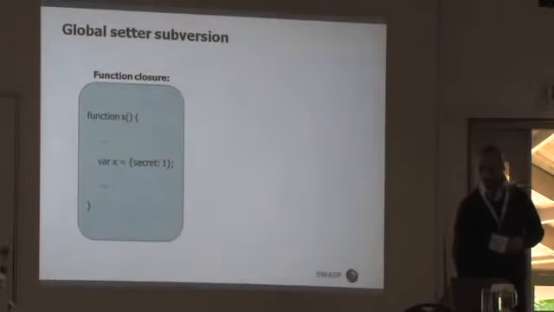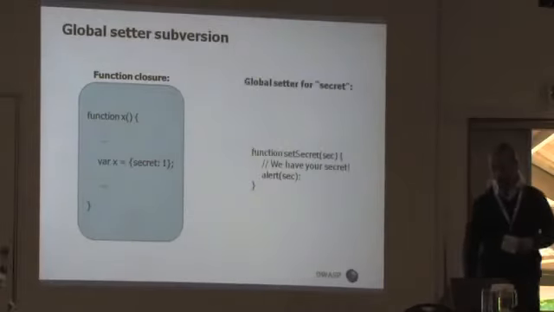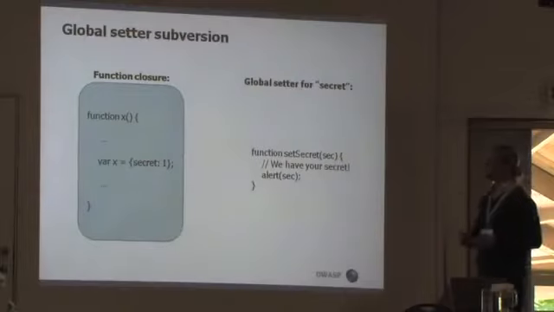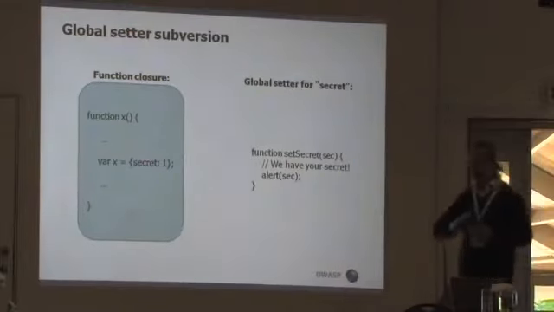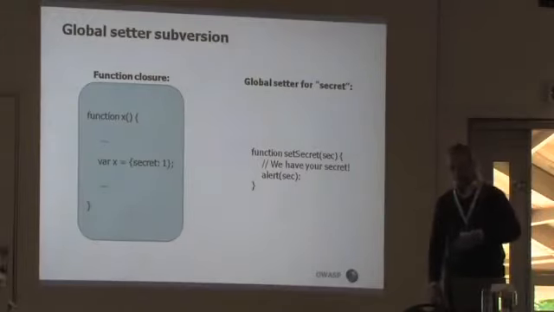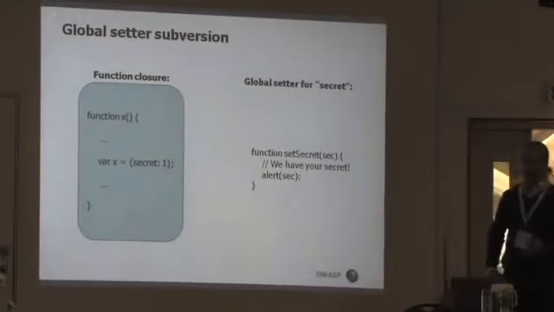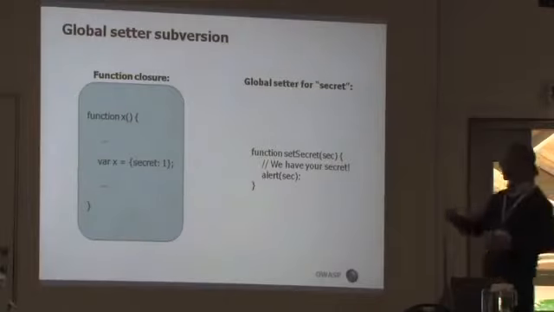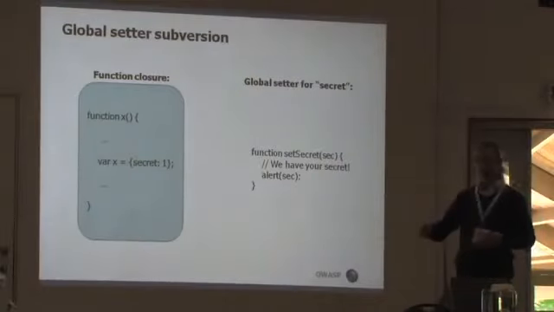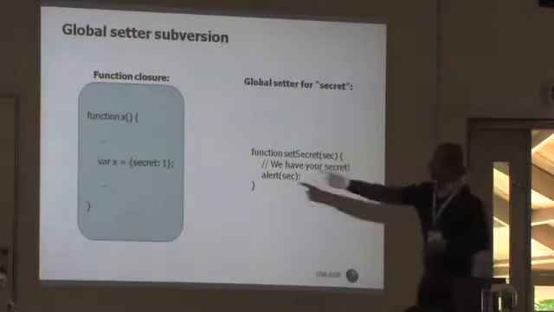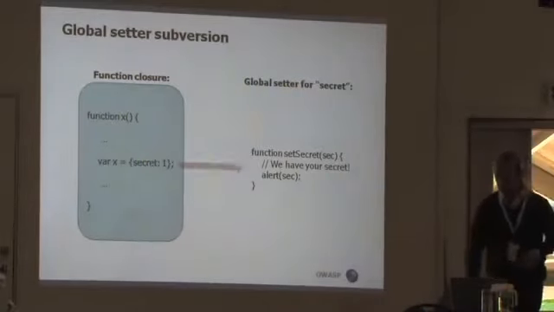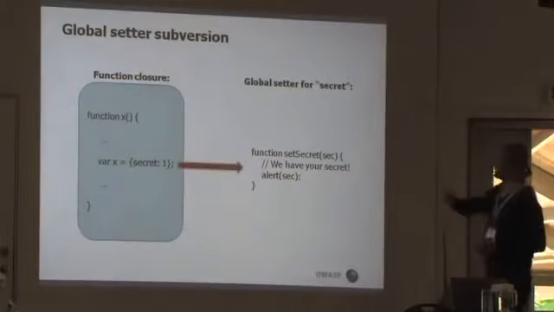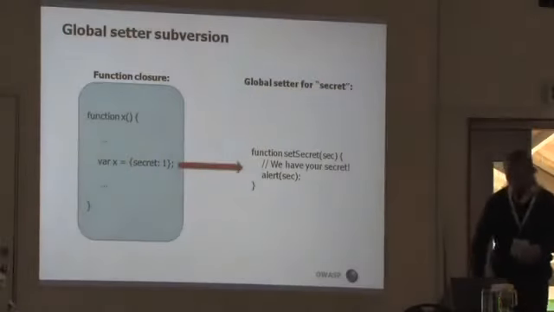But in some browsers, we have global setters. So we can define a setter that will be in effect for every object, and especially it will be executed upon instantiation of objects. So when we actually create this object over here, the setter will be executed, and we can steal the secret.